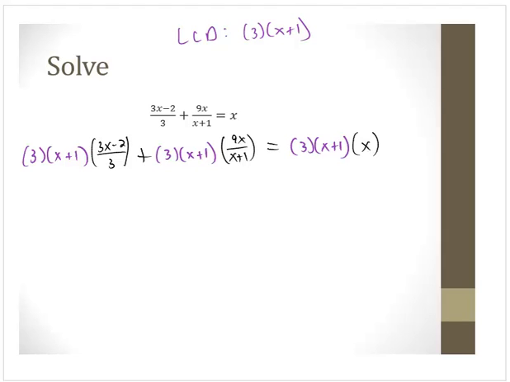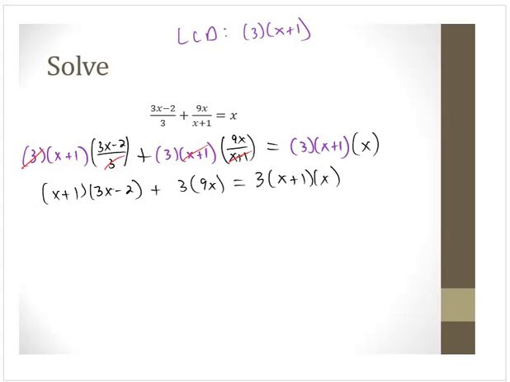Alright, some nice things happen here. In the first term, the factors of 3 are removed. In the second term, the factors of x plus 1 are removed. On the right-hand side, nothing's removed. Yielding x plus 1 times 3x minus 2 plus 3 times 9x. Right-hand side, I've got 3 times x plus 1 times x.